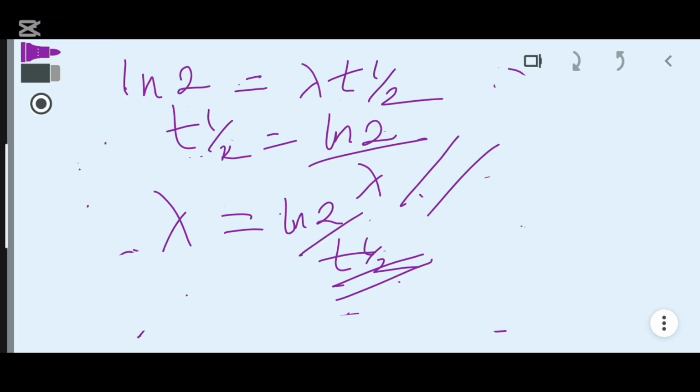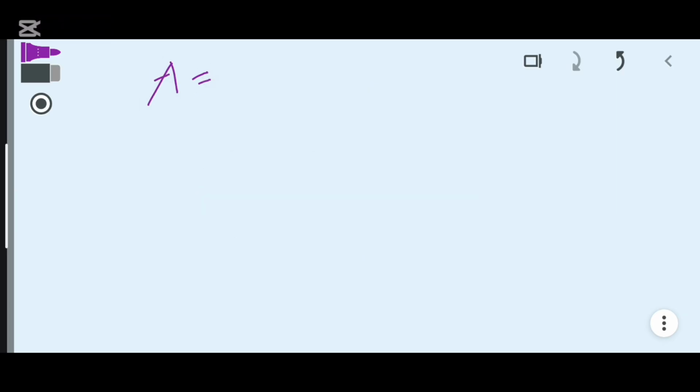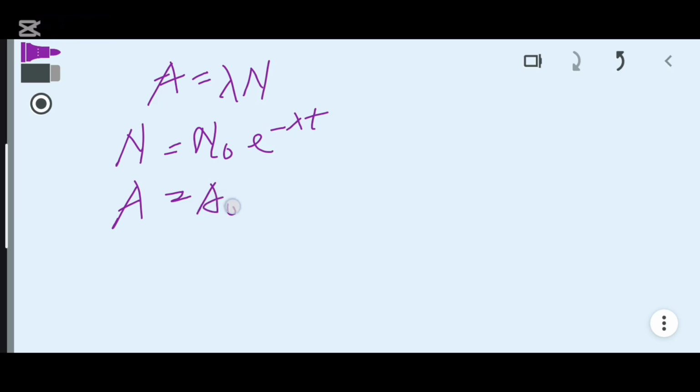So let's summarize the whole formula that we have gotten so far. Our first formula is that activity equals decay constant times the number of particles. Our second formula: N, the number of moles remaining, equals the initial number of moles times exponent of negative lambda t, where t is the time taken. Also, activity equals initial activity times exponent of negative lambda t.